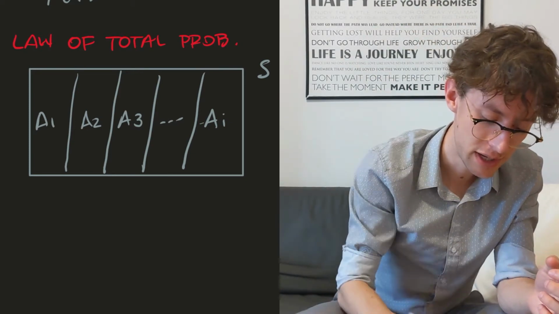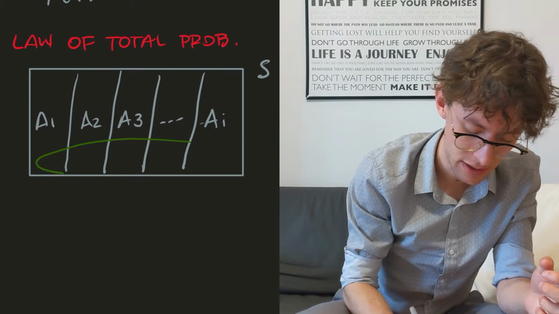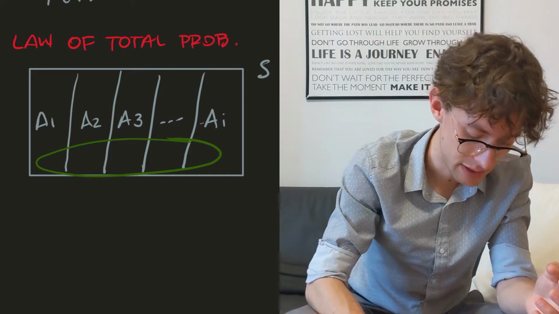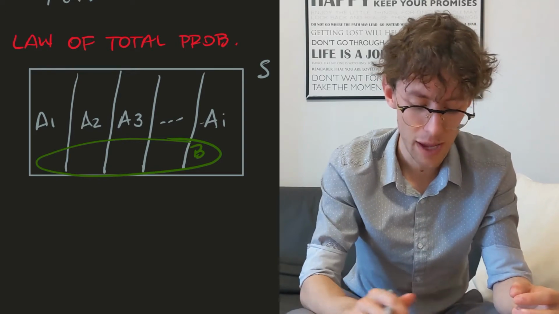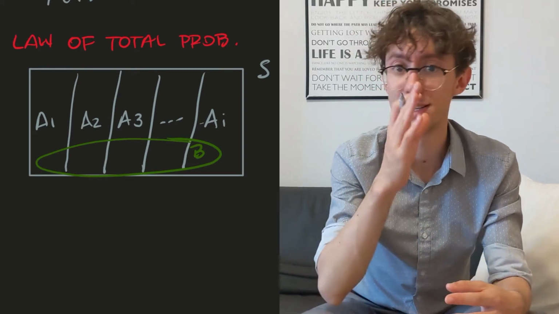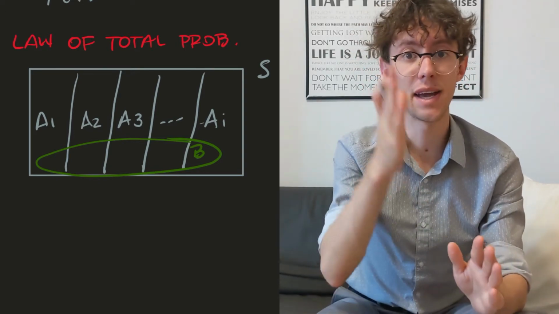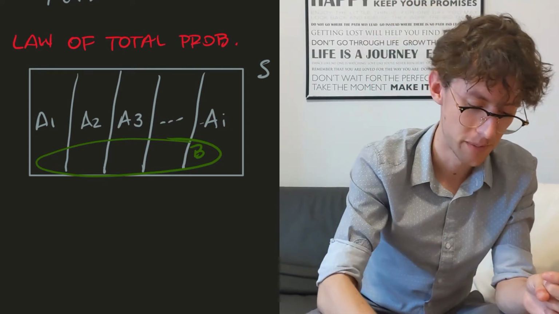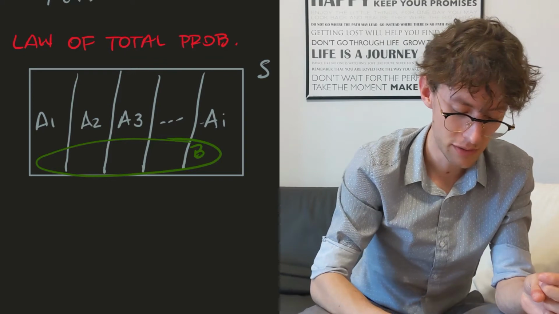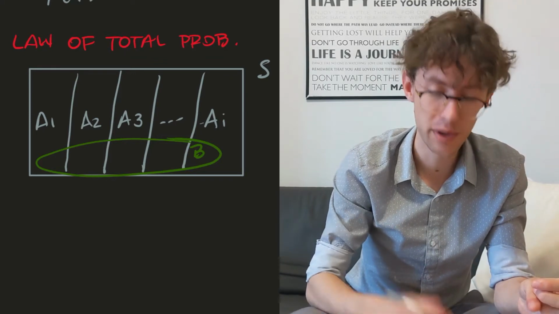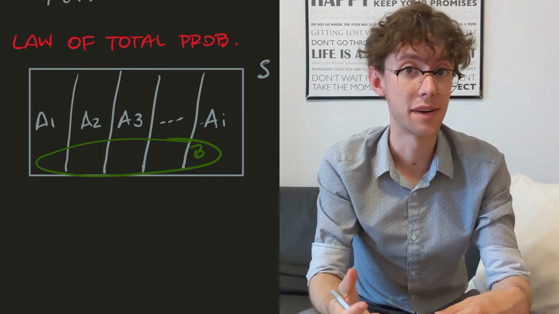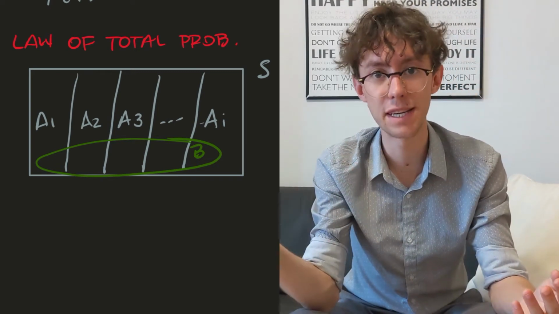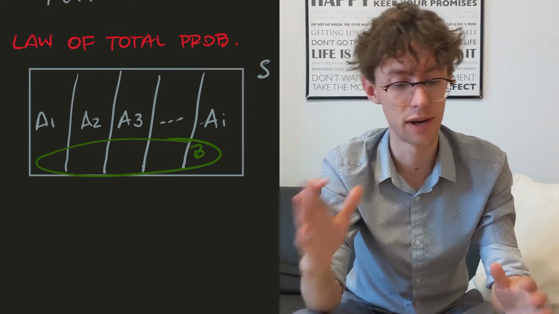Now consider that there is an event B, this green circle. This is the event B that overlaps with all of these disjoint events that are dividing our sample space S. So all of these events, A1, A2, A3, all the way to AI, they are dividing S. So the sum of A1, A2, A3, etc. is equal to S, right?